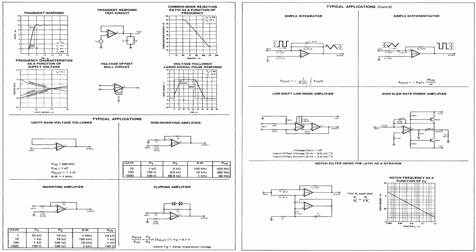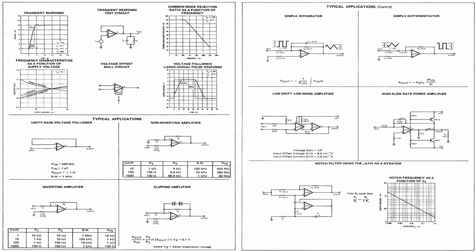And in these data sheets you will also be seeing some applications like unity gain voltage follower, non-inverting amplifier. What is the gain available for given resistances R1 and R2, and what should be the bandwidth for this non-inverting amplifier using 741.